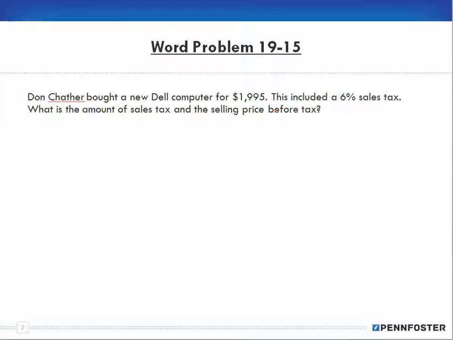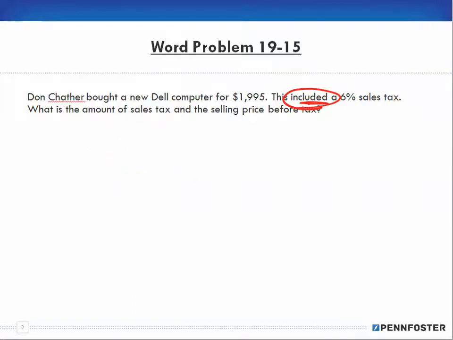If you read it over quickly, it says he bought a new computer for $19.95, and then it says this included a 6% sales tax. A lot of people will say, okay, $19.95 times 6% is my sales tax. No, the $19.95 includes the 6%, so you're not working the problem like that.